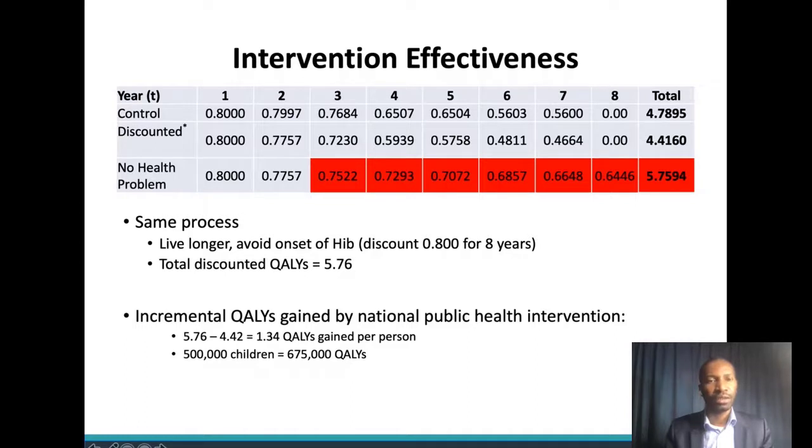And suppose that there's no health problem and that discounted QALY improvements are highlighted in red and that the person no longer dies at year 8, resulting in a total QALYs gain of 5.7594 versus the discounted QALYs of 4.7895 versus 4.4160 under the control without the intervention.